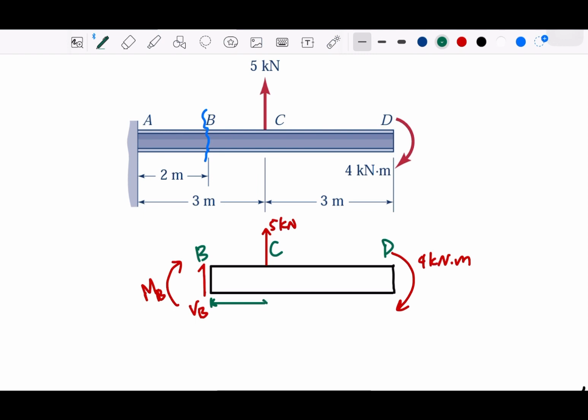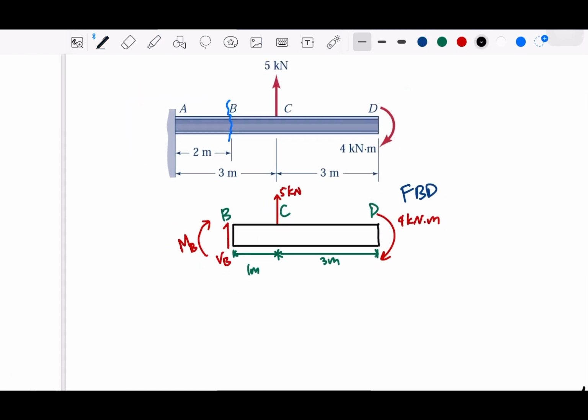And then we have 1 meter over here. And this is 3 meter, right? So this is our FBD. So let's just take this FBD and then write the equilibrium.